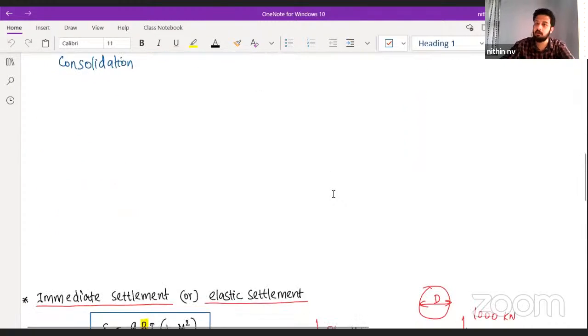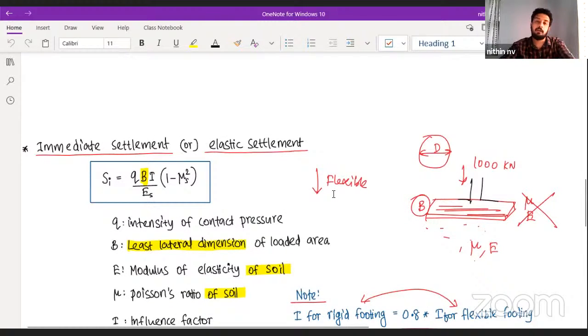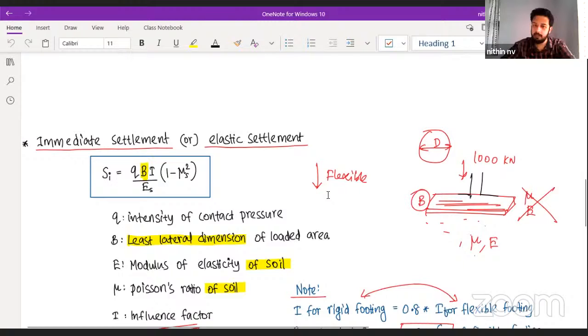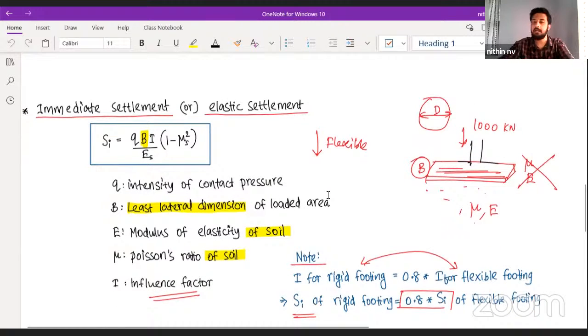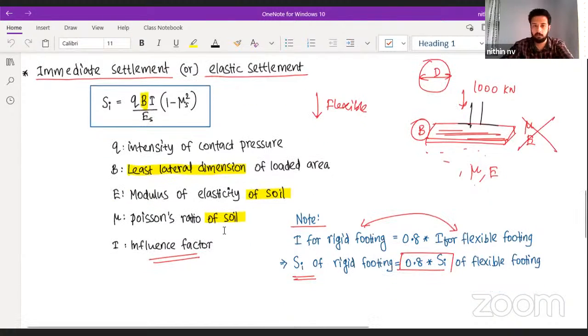We have seen how to calculate the time required for a particular degree of consolidation. Then I showed you the immediate settlement equation, and told you what to take care of while solving the question regarding the E and mu values of the soil. Those who missed the previous parts, don't worry, the videos are available in our channel. Go and watch it.